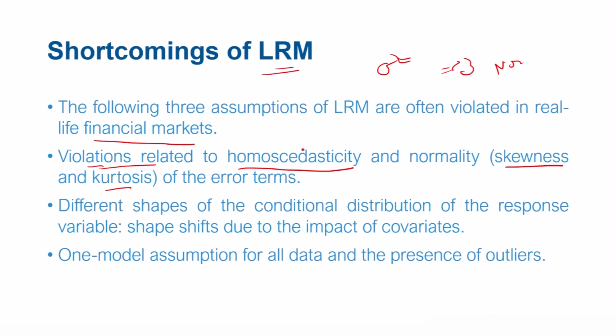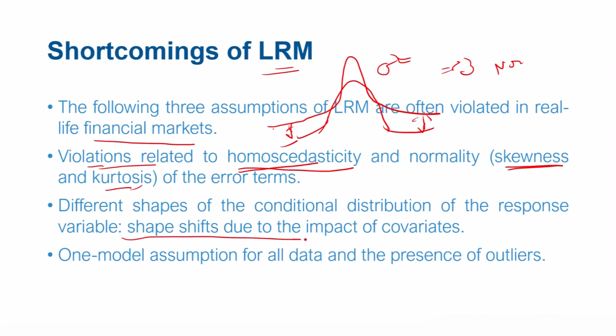However, in real life business scenarios, the data is not only heteroscedastic, it's sometimes skewed, and it also has kurtosis. Kurtosis means excess peakness and fat tails. So if your data has fatter tails as compared to the normal distribution and a higher peak, the tails are fatter and the peak is higher. Also, the conditional distribution of response variables can have different shapes.